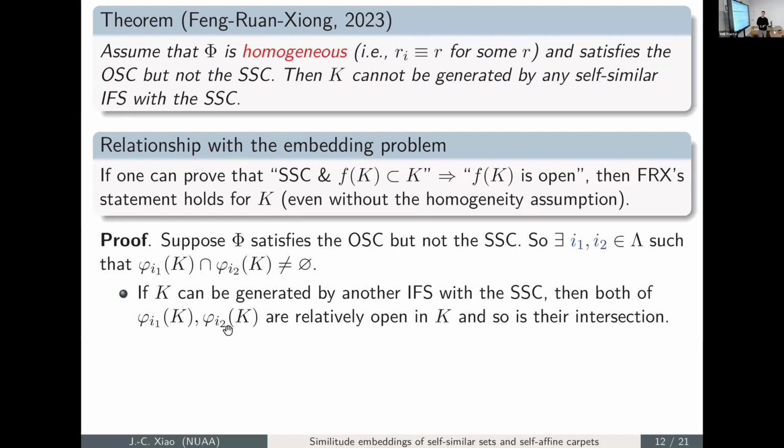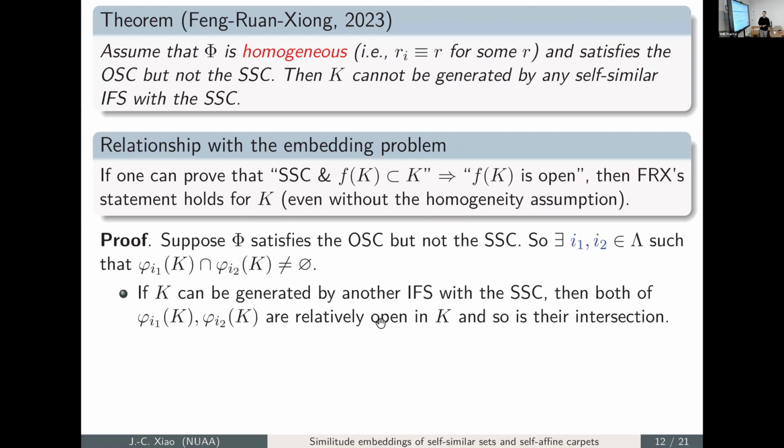So these are not cells of that self-similar set, but just embedded images. But if this implication is true, then these two sets, which are just self-embedding similitude images of K, should both be relatively open in K.